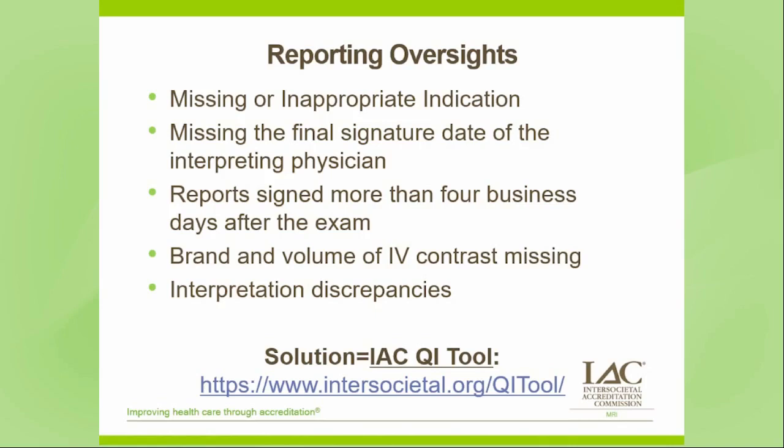Now, as I'm sure you probably guessed, there are a lot of potential reporting oversights that may be present on each report. And you may be asking yourself, how in the world can I remember the items that we need to assess on the reports? Also, once I've done these assessments, how can I record them?